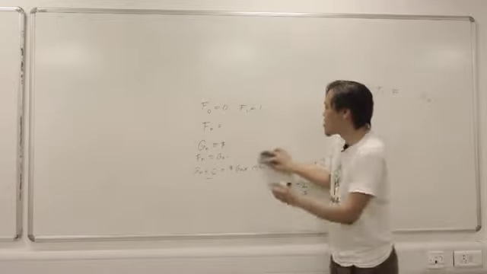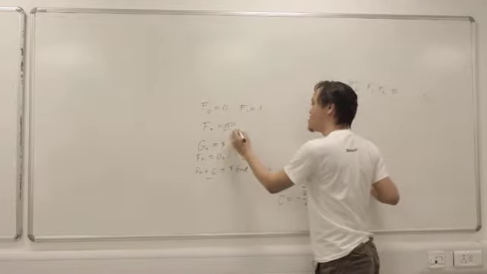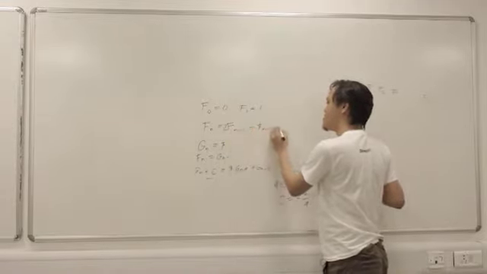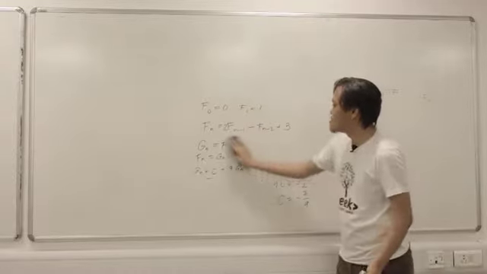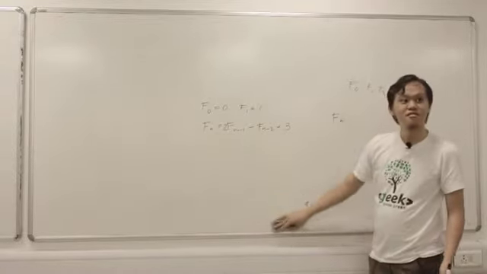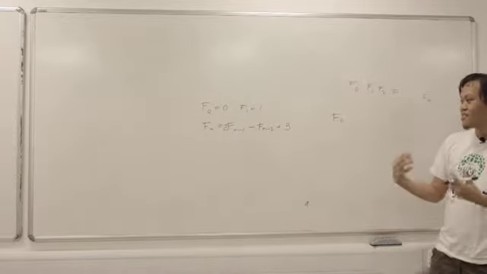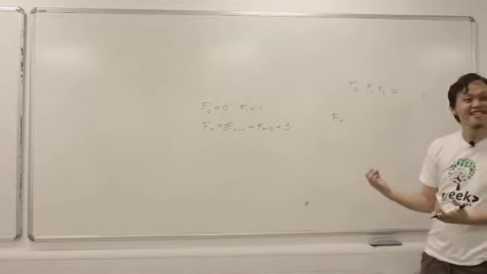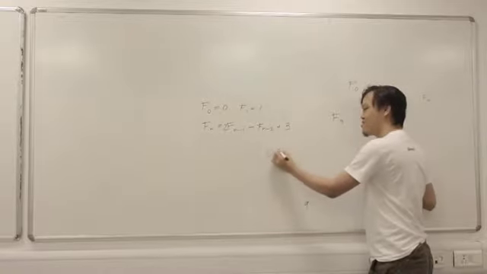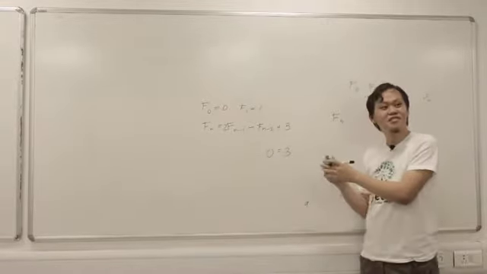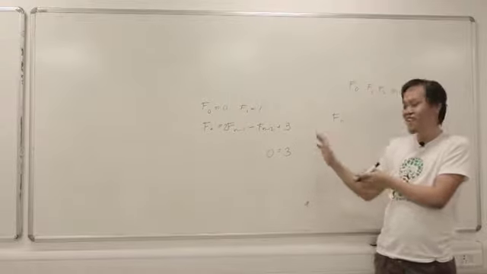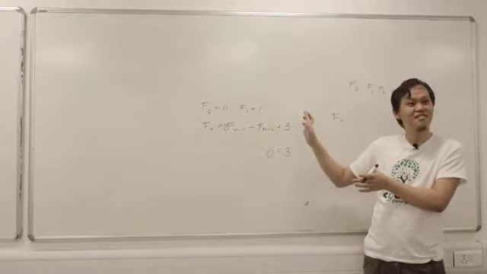An example is this one. So, if you try to find a constant c, then you'll get the equation 0 equals 3, which is absurd. So you cannot do the offset thing.